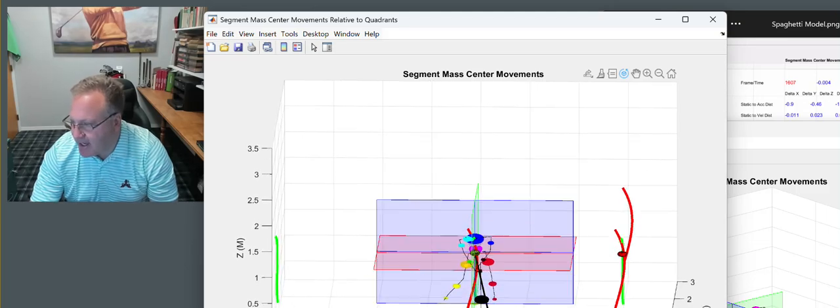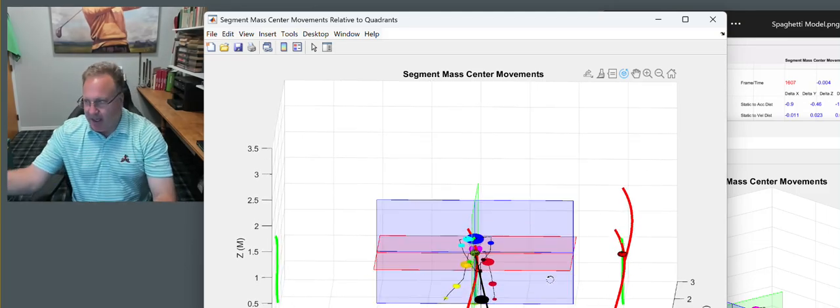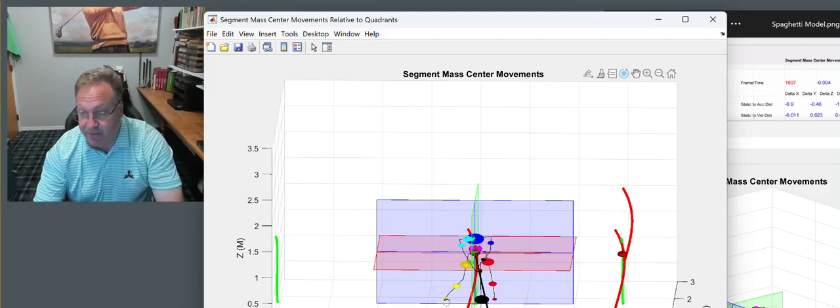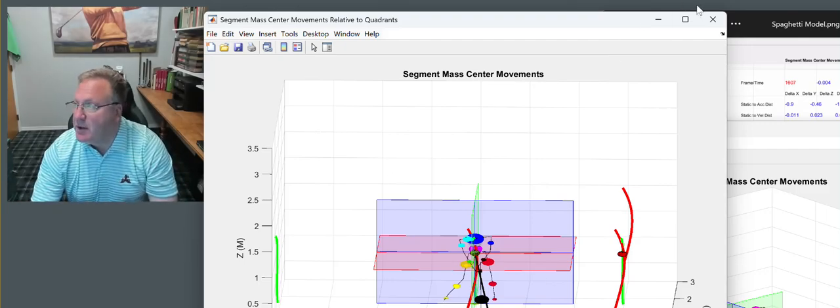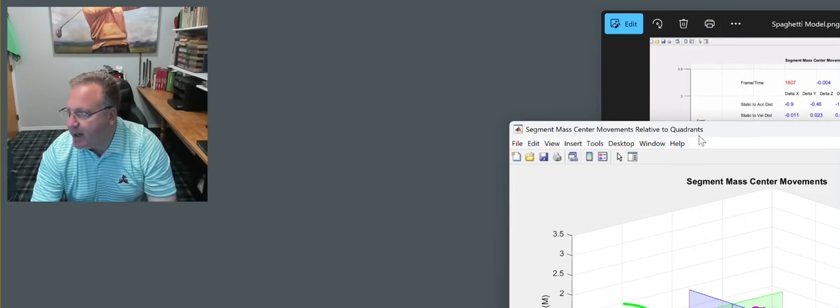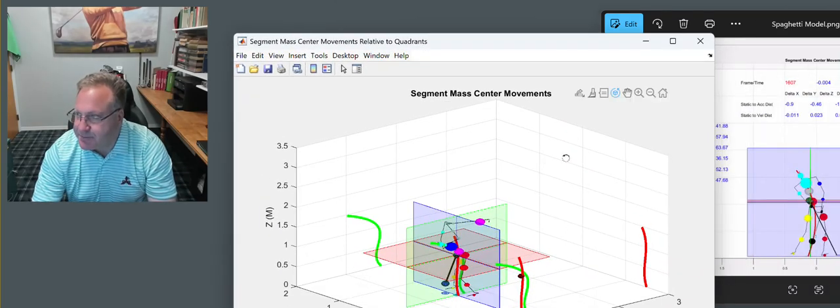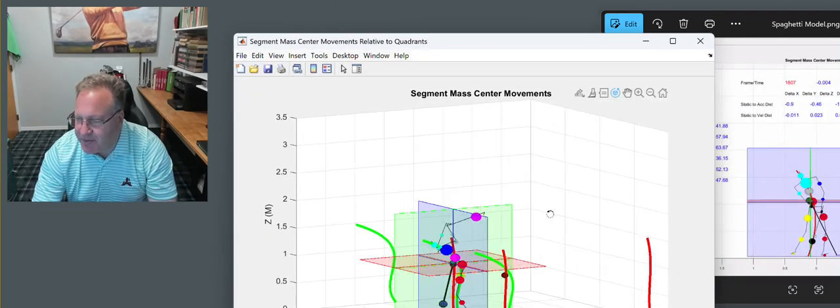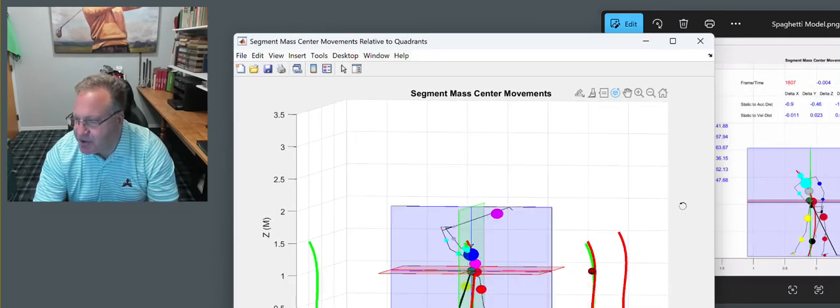So there's the actual mathematical lateral side of the body and its distribution of body mass. So I'm going to take this impact one away. Let's look at top of the swing. Now when we go top of the swing, here's the lateral distribution of Chen's body.